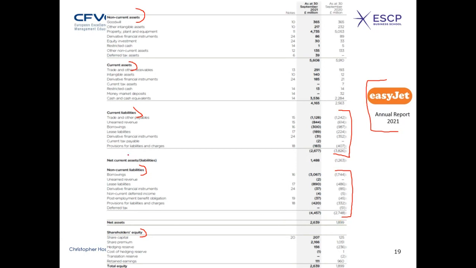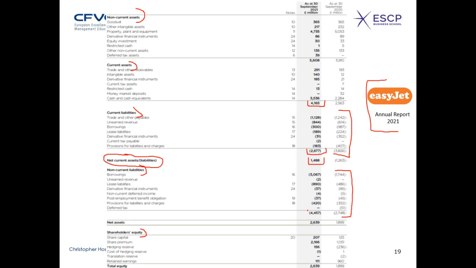And they calculate and present on the balance sheet something called net current assets or current liabilities, which is current assets, 4.1 billion, minus current liabilities, 2.7 billion, equals net current assets of 1.5 billion. So they're even deducting things on the balance sheet.